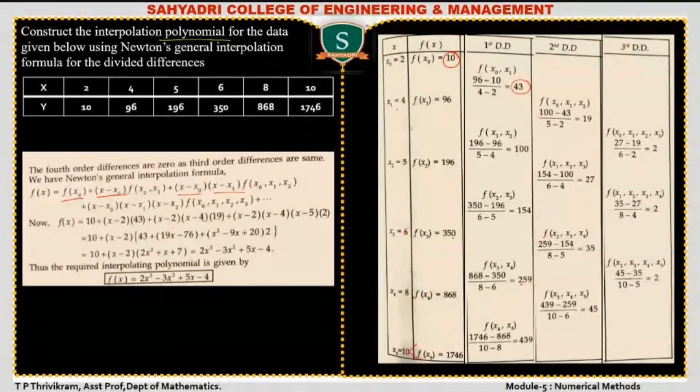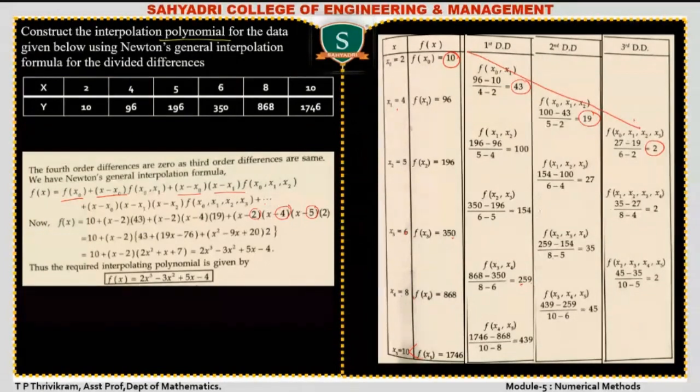X minus x1 is 4 into second order difference, 19. Next, x minus x naught, x minus x1, x minus x2 into third order difference, that is this one. Clear? So if you observe this also, this is followed in a diagonal form.